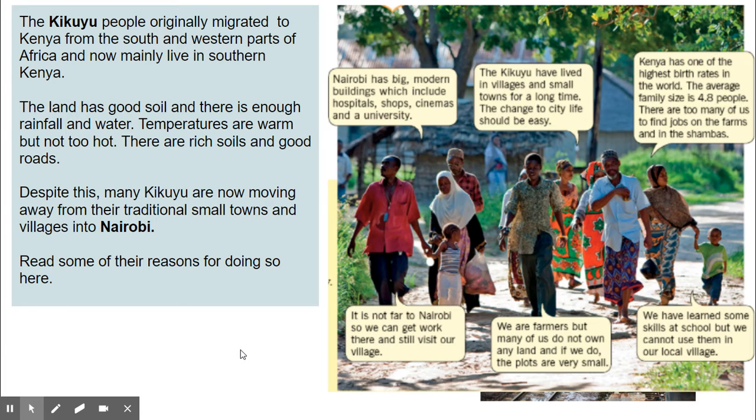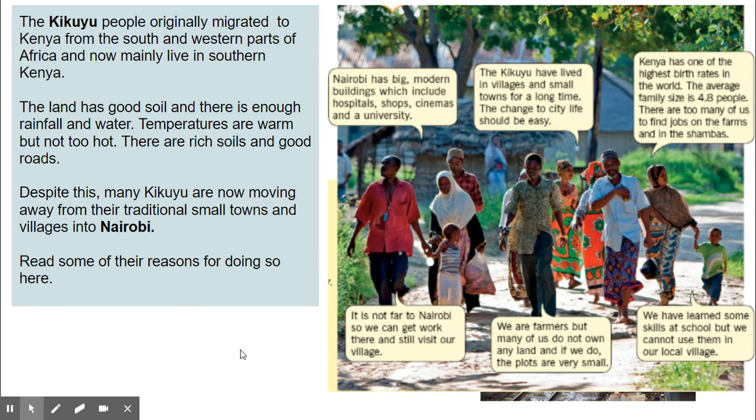Another guy says that although they're farmers in the countryside, they don't own enough land. Their plots or shambas are very small. So there's not enough land for everybody. Another person says that we learned some skills at school, so we've had some education, but there's no jobs for them in the village, so they can't use the skills that they've learned.